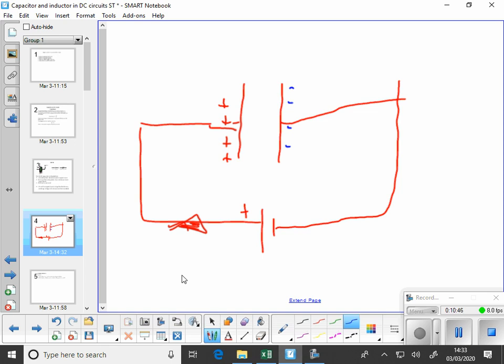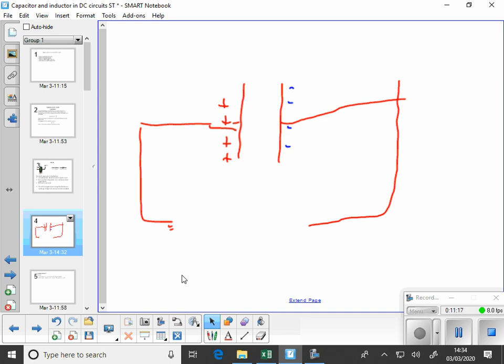When we then take the source of voltage away, on a perfect capacitor, that charge remains there. We put 10 volts on, and then take the source away, after it's charged up to 10 volts, that'll sit at 10 volts. Now a good capacitor will hold that a long time, but eventually it will leak away through the dielectric.